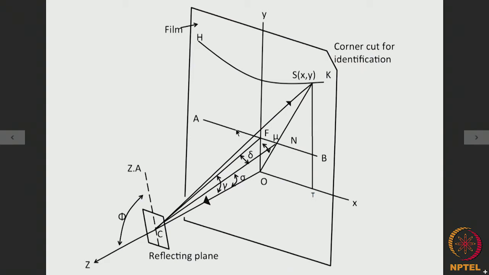So, we see that for a particular series of planes belonging to a zone, we will have a particular hyperbola as the locus of the diffraction spots and a particular line as the locus of the plane normals.